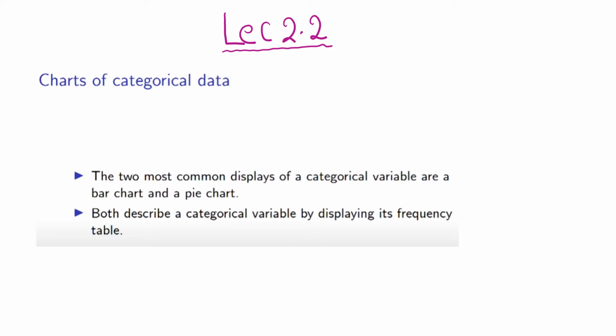The two most common displays of a categorical variable are a bar chart and a pie chart. Both describe a categorical variable by displaying its frequency table. Bar chart is related to frequency, whereas pie chart is related to relative frequency.